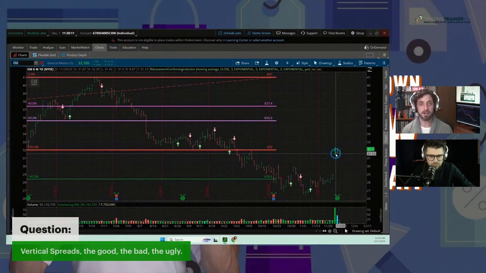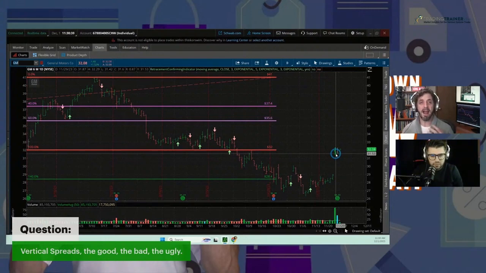And then reverse engineer to how much of your portfolio you would like to risk in that one given trade. I usually tell my program participants to risk no more than 4% of your portfolio in any one given trade. So if you could lose the whole thing and you want to limit your loss per position to 4%, guess what? The position can only be 4% of your portfolio.